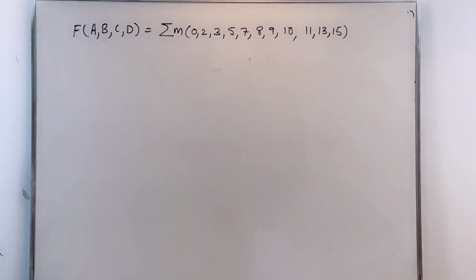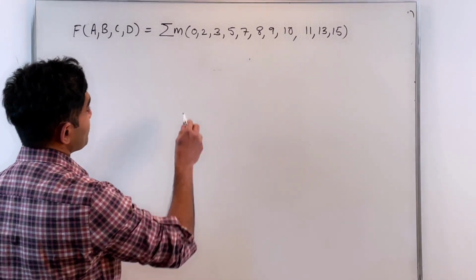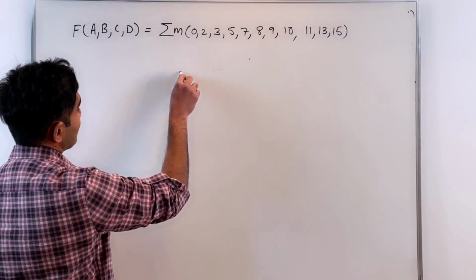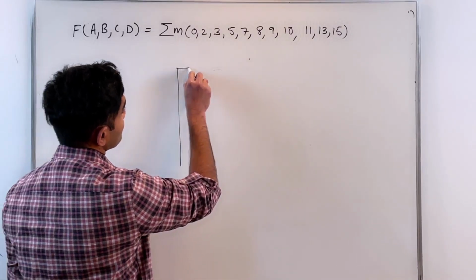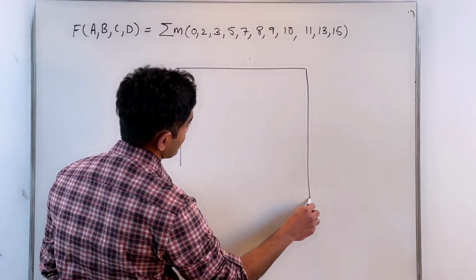So that's the given function. Let's draw the K-map corresponding to that. Again, that's a 4-input K-map, so I have 16 cells. Let's do that.